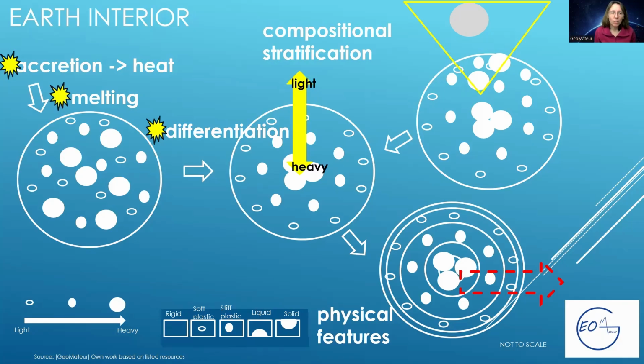And the combination of pressure, temperature, and density determines the state of matter and the mechanical properties. So that's in short how the chemical and physical structure of the Earth's interior was formed.